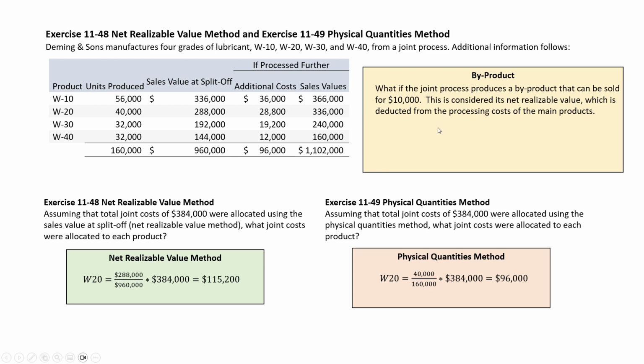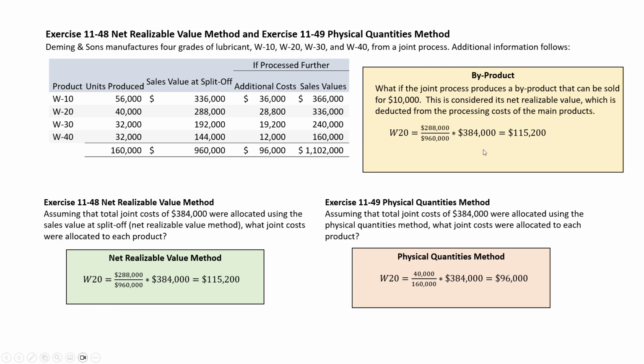One is to subtract that from the joint cost. That's one of the two approaches, so I'm going to demonstrate that. Just for comparison, if we had used net realizable value for W20, 288,000 divided by 960,000 times the 384,000 is 115,200.